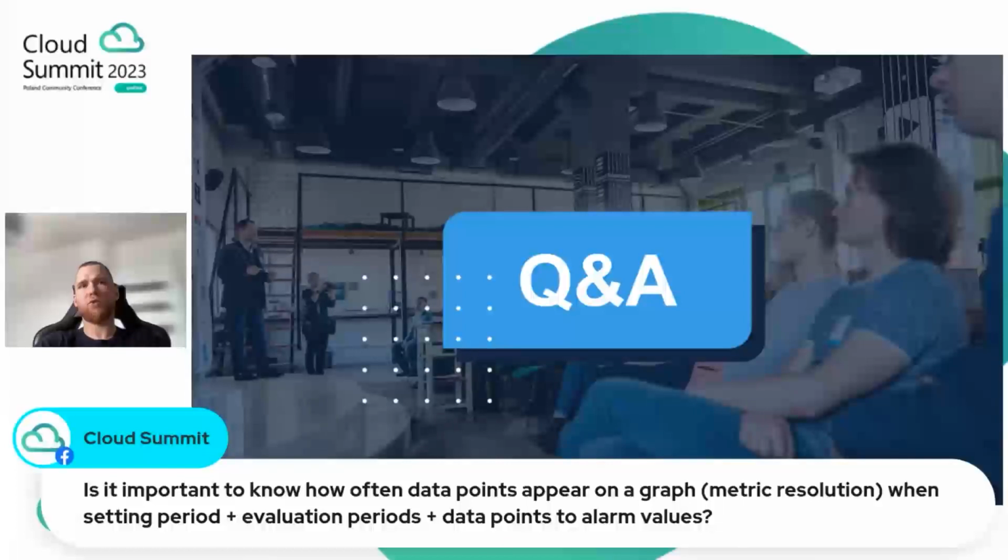Is it important to know how often data points appear on a graph? Metric resolution when setting period plus evaluation periods plus datapoints to alarm values. By default, on the graph, we have a new point every 5 minutes, but it depends on the service.